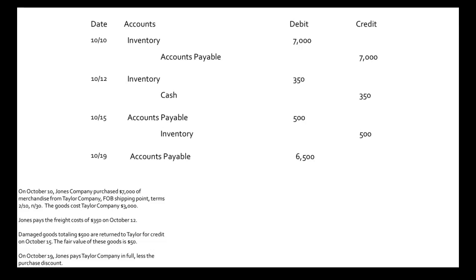And you'll notice that we're debiting accounts payable for $6,500. And where do we get that? Well, we make a T account for accounts payable in this problem, right? So we credit accounts payable initially $7,000. And then we see on the 15th, we debited accounts payable $500. So come October 19th, if we want to decrease accounts payable the full amount, that full amount right now is only $6,500.